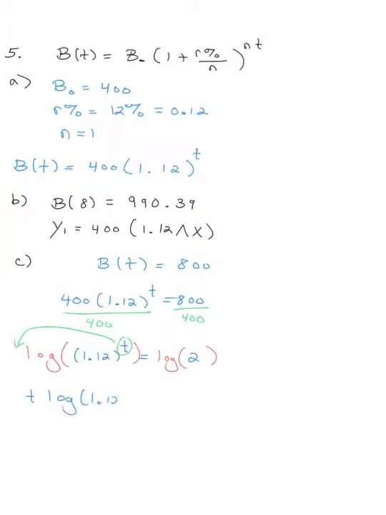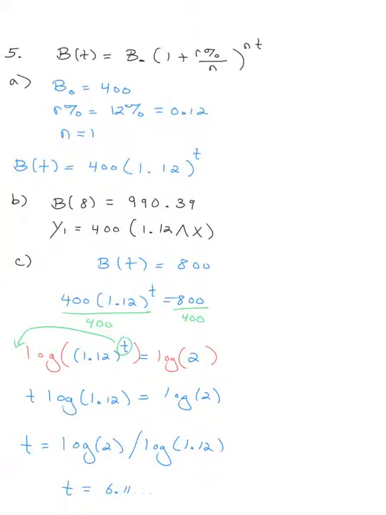Log of 1.12 is simply a number, and so is log of 2. t is equal to log of 2 divided by log of 1.12. Let's see what all that is equal to. I'll just type this into my calculator. 6.11 is my answer, approximately. It goes on.